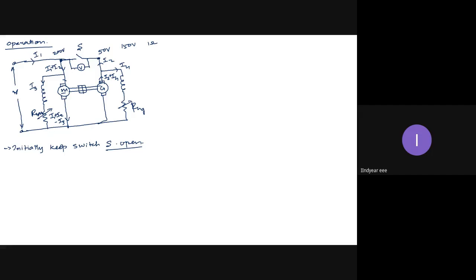That is ensured from this voltmeter. When I excite the generator and this voltmeter shows zero, it ensures that both terminals are at equal potential. Then I have to close the switch. So initially the switch should be kept open. Keeping the switch open, I will turn on the machine.